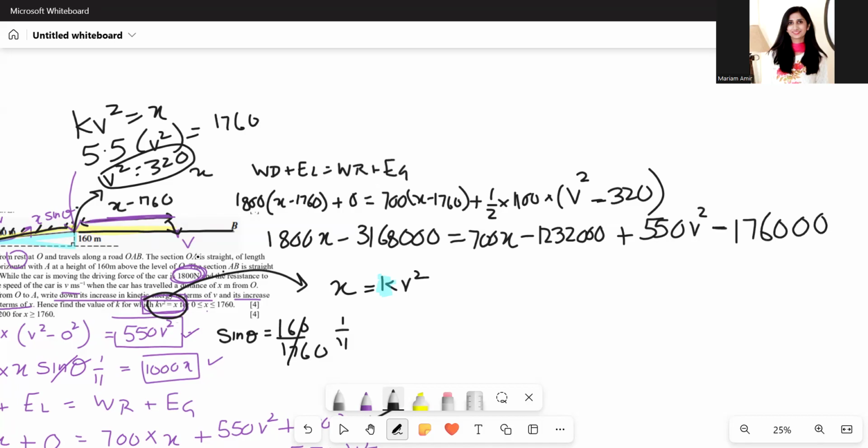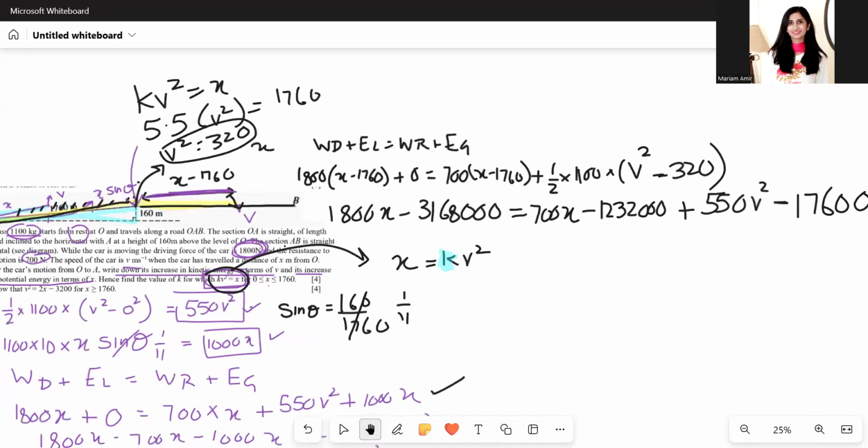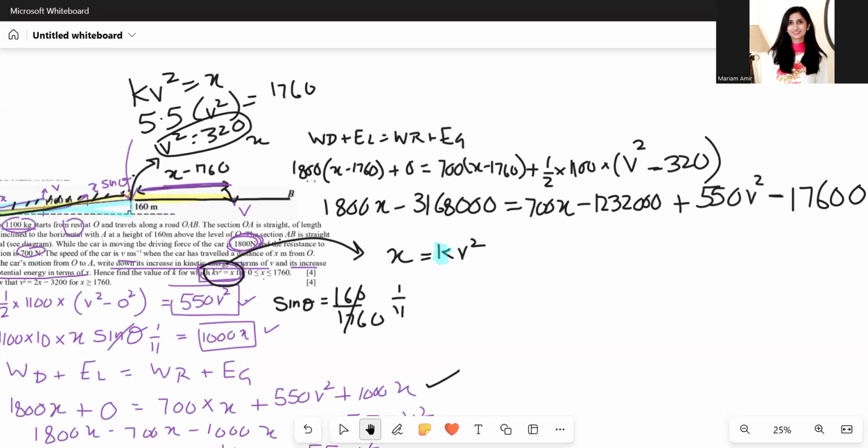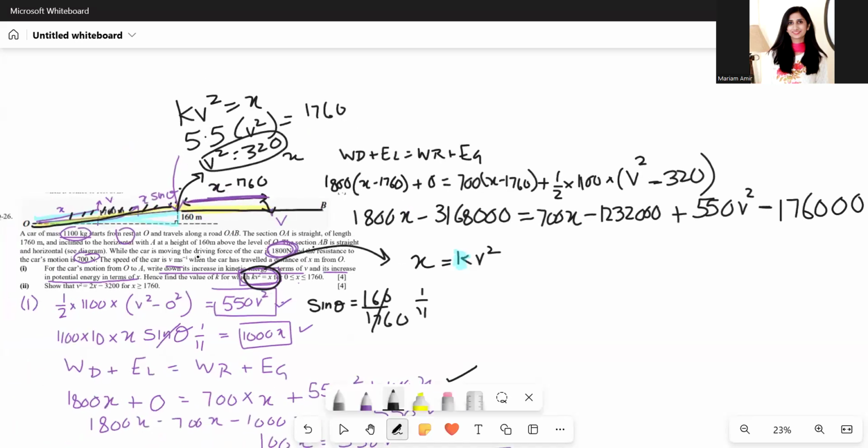Okay, now move the x terms to the same side. Now move the v square terms to one side, and that is going to be this. This stays here, and move all the x terms and all the constants towards the left. Let's see what we get. We have 1800 towards the left already, minus 700, so we get 1100x.